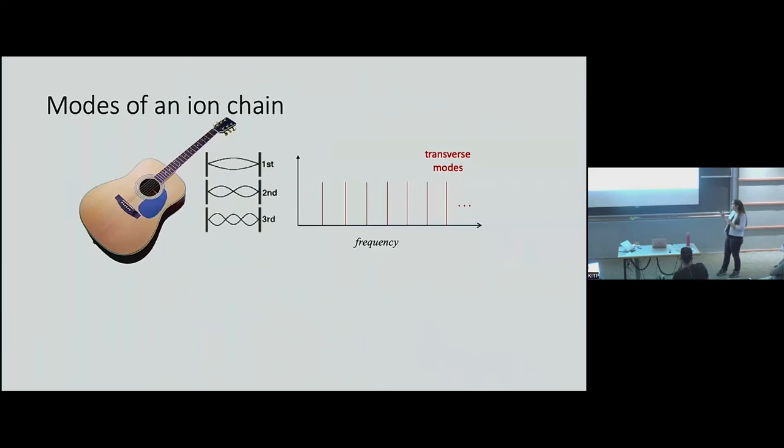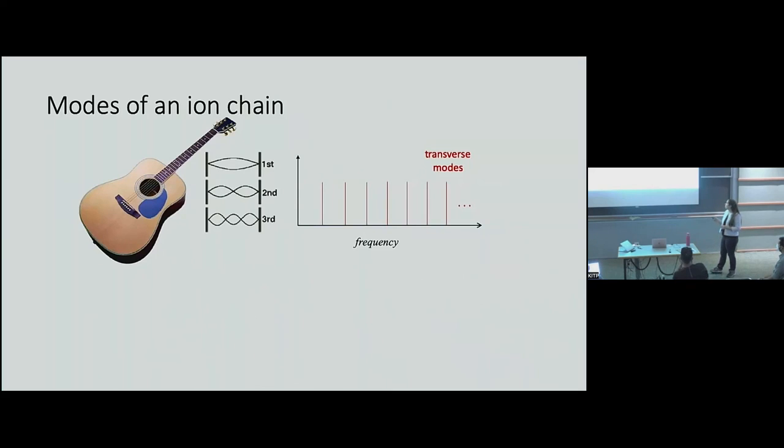And since we're working in a long chain, I just wanted to give you an idea of how we work with these ions in terms of their motion and how we can make gates. So if you think about something as simple as a guitar string, we have these harmonic oscillator type modes. Our ions are going to be exactly like this in the chain. They're just a bunch of coupled harmonic oscillators.